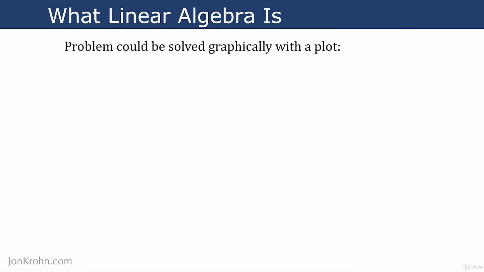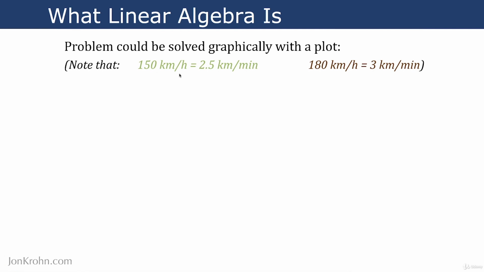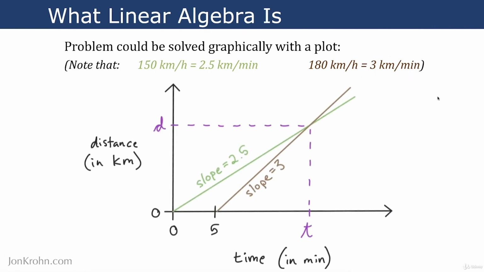So we could solve this problem graphically with a plot. We can note here that 150 kilometers per hour corresponds to 2.5 kilometers per minute, and 180 kilometers per hour corresponds to 3 kilometers per minute. We can plot things out here, and so we have a plot of time along the x-axis, the horizontal axis, in minutes. And then we have a plot of distance in kilometers along the vertical axis.